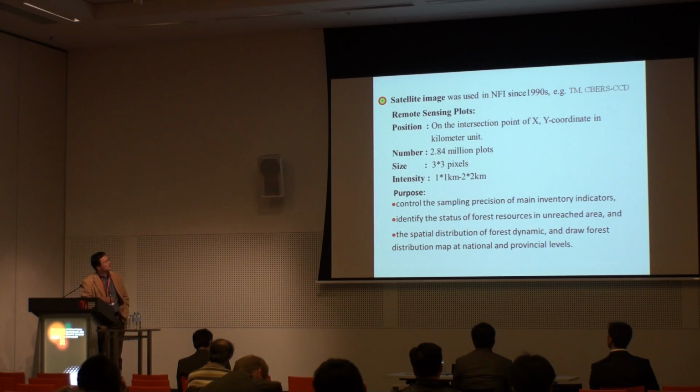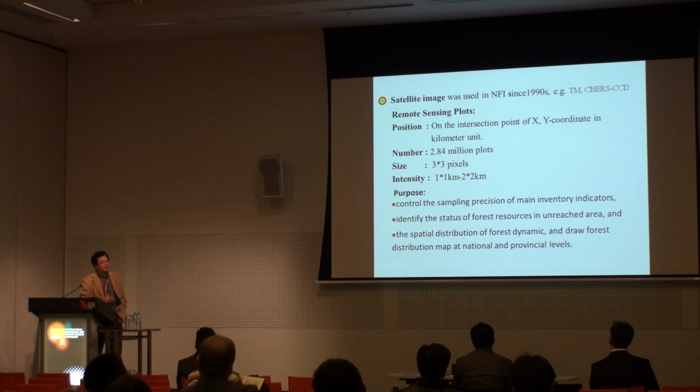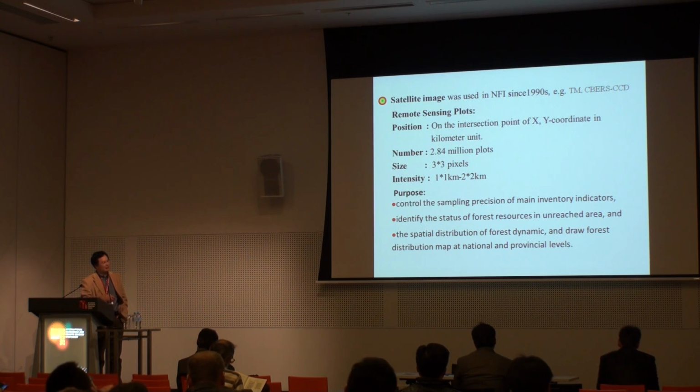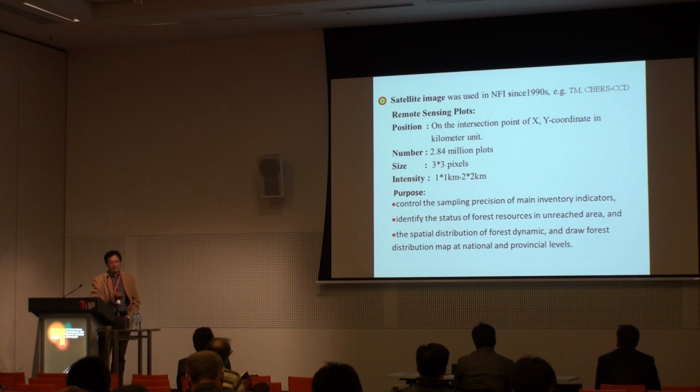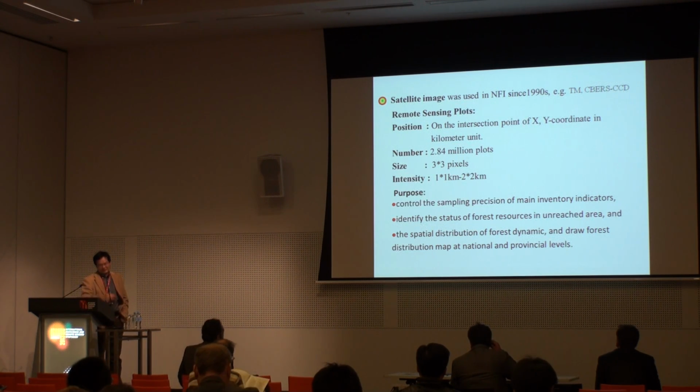And since the 1990s, we try to include more remote sensing data to get a better estimation of the forest coverage. And now it's almost 3 million remote sensing plots. We also get the screening interpretation of the remote sensing data to get forest and non-forest. But all of these are focused more on the forest coverage and the forest volume density.